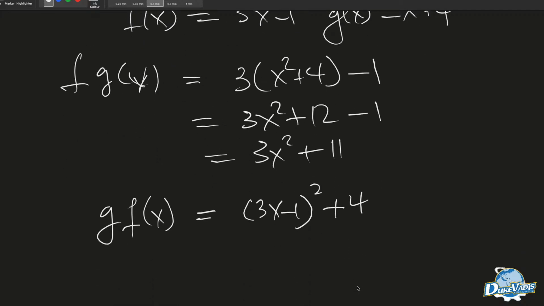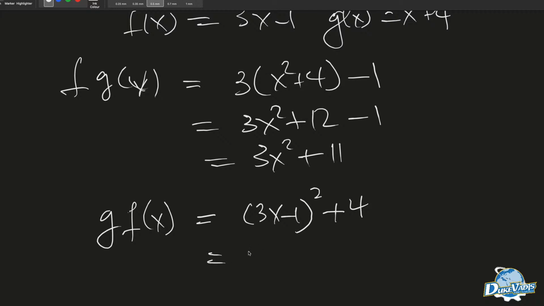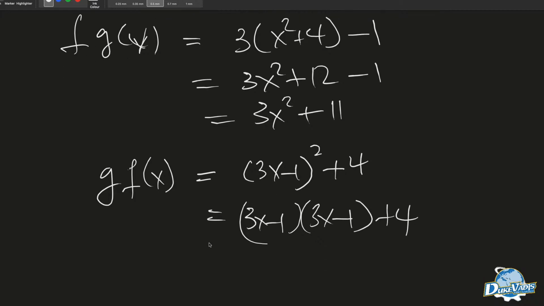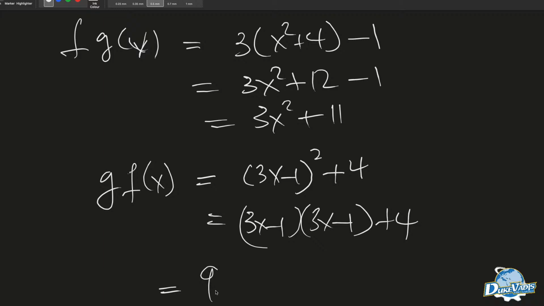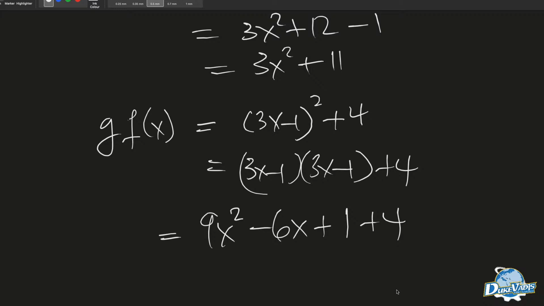We know this one is expanded: (3x minus 1)(3x minus 1). Show all your procedures. So this will be 9x squared minus 6x plus 1 plus 4, which is 9x squared minus 6x plus 5.